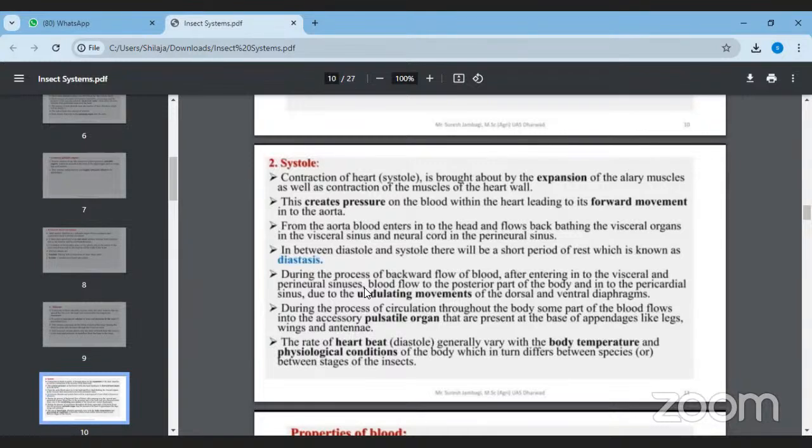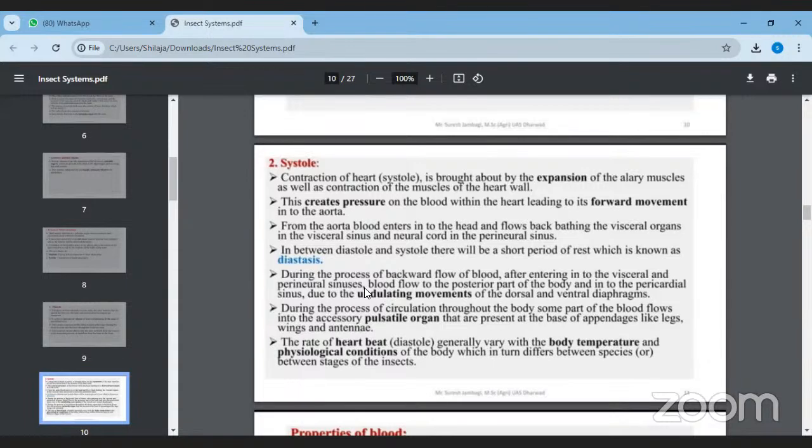So like this, we can explain the pulsatile circulation, where the basal parts of appendages like legs, wings and antennae are also helpful in the process of circulation.